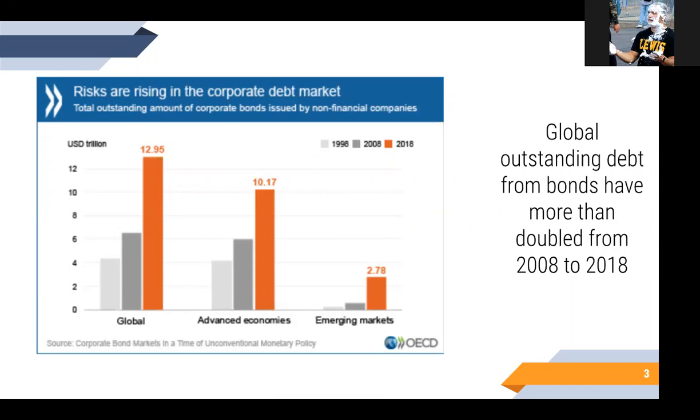It's going to have to be a little bit more self-explanatory per slide. So, risk arising in the corporate debt market, total outstanding amount of corporate bonds issued by non-financial companies in 1998, 2008, and 2018. This data was good for last year's assignment.